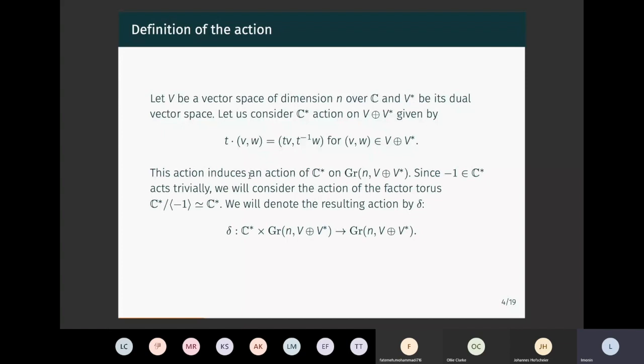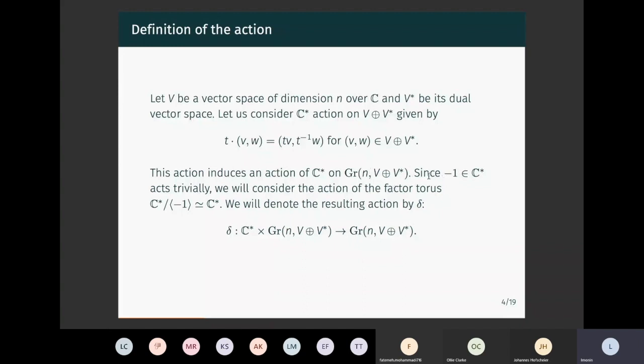This action also induces a C-star action on the Grassmannian of n-planes of V plus V dual. It's a little technicality, but if I take t equal to -1, then t inverse is also equal to -1. Then -1 acts non-trivially on the space V plus V dual, but on the Grassmannian, if I have a plane, it will just be multiplied by -1, so the action will fix the plane.